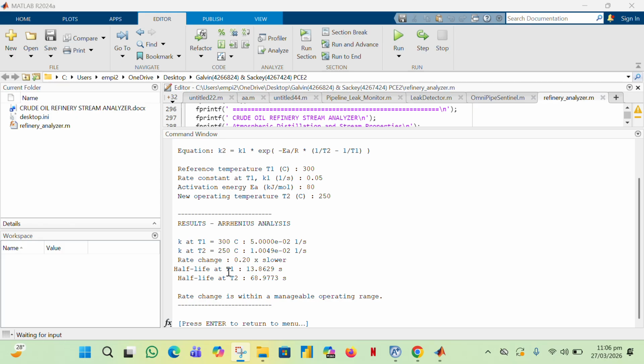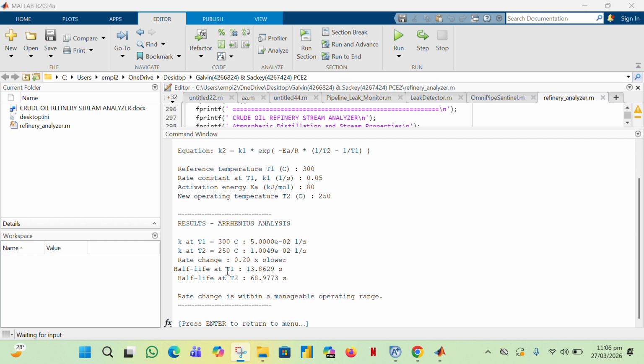So at T1 it takes 13.8629 seconds for half of the reactant to be consumed, and when the temperature is changed to T2, it takes 68.9773 seconds. So the reaction is going to take much longer if the temperature drops.